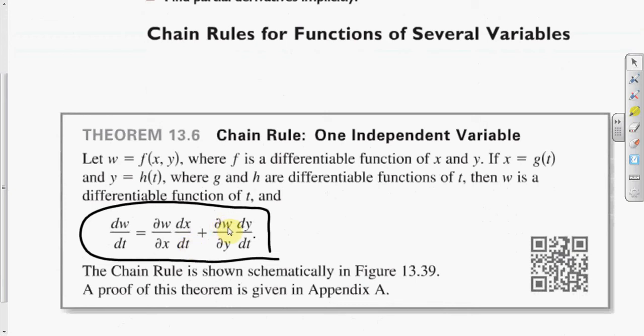Why is there a partial of W with respect to y, but then there's just a straight derivative dy over dt? Yes, sir. Exactly. I couldn't have said it better myself. That's right. W has more than one variable that it depends on, so you have to do the partials in that. But x only depends on one variable, t. So it's just a straightforward derivative. Very good.